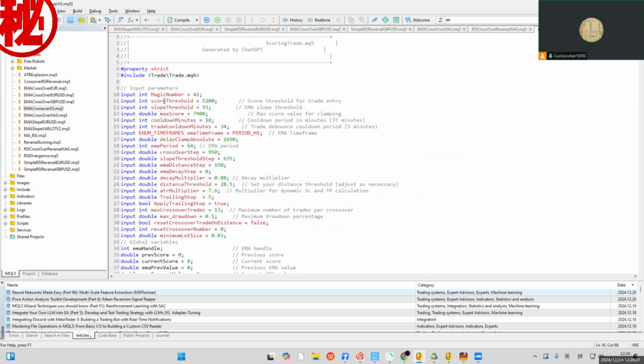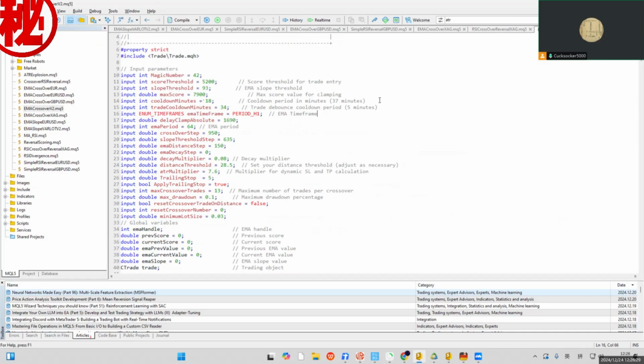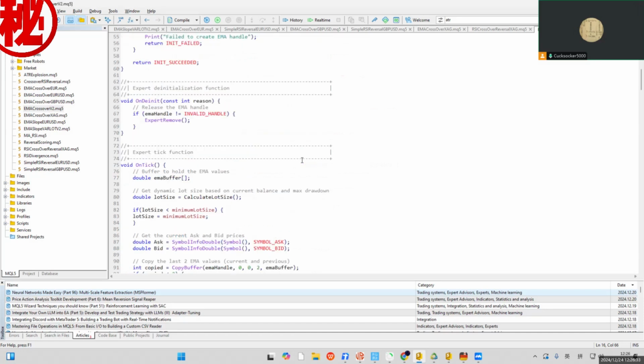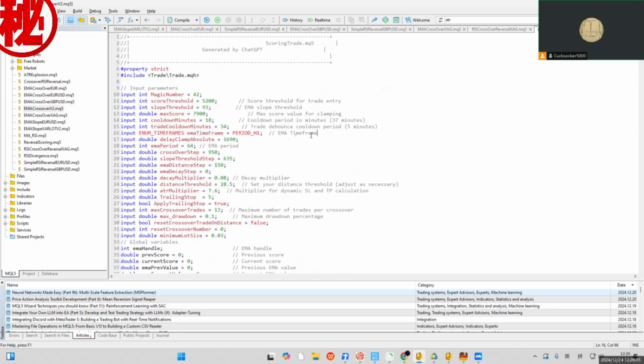So we have a score threshold, slope threshold, max score, and cooldown minutes. I'm only going to share 100 lines of code. The cooldown minutes is because I used every tick for the EMA crossover, but there's an inbuilt system where you have the same value for every tick for the EMA crossover.